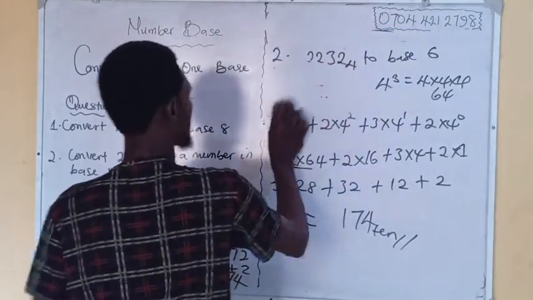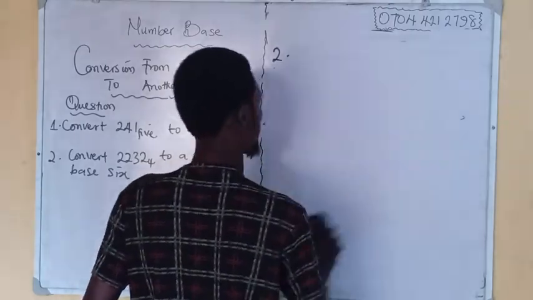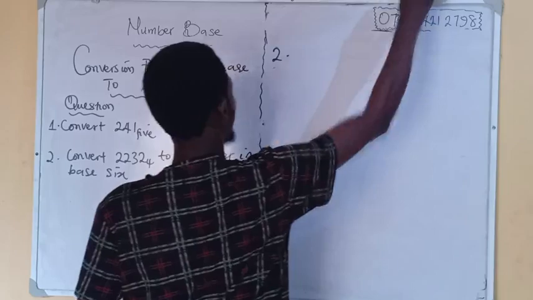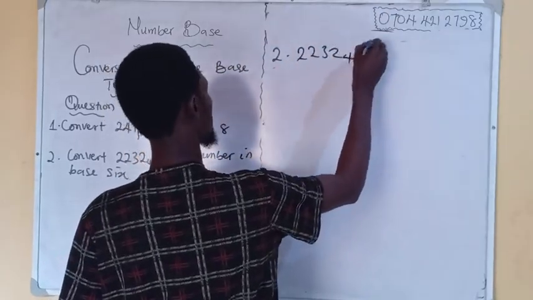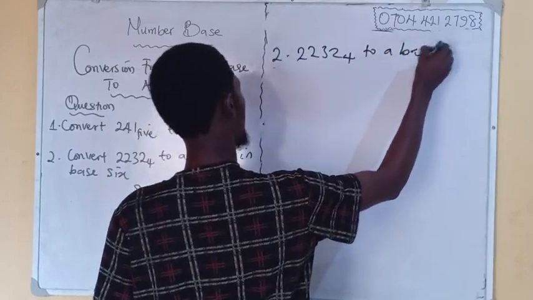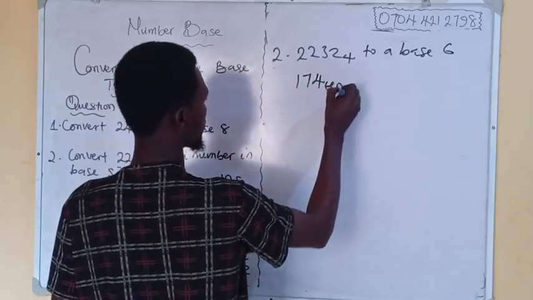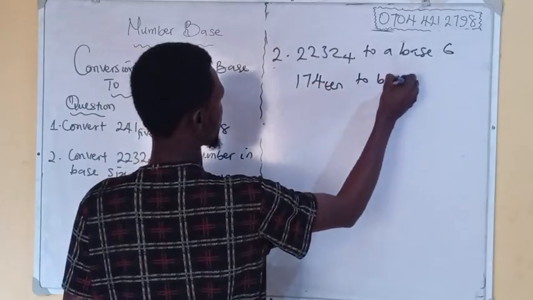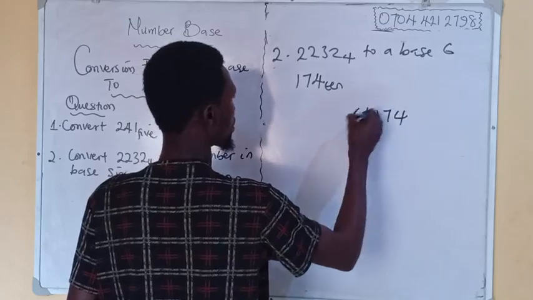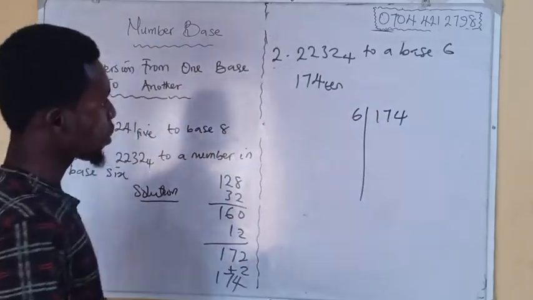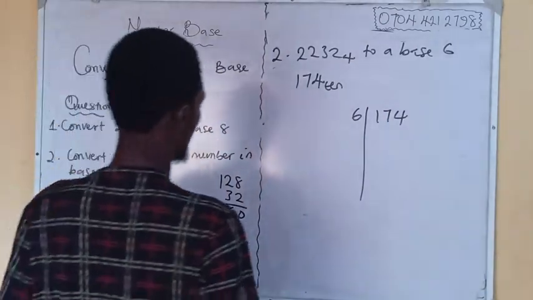What do we do? Remember, I've wiped our question. So we have 174 base 10 to base 6. All right. So what we do is we use repeated division.